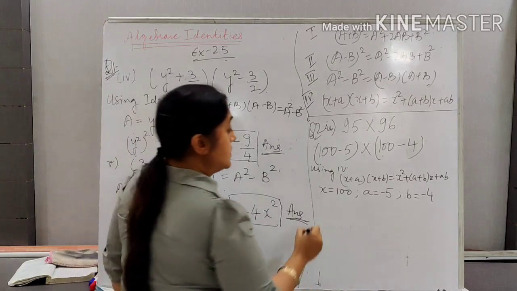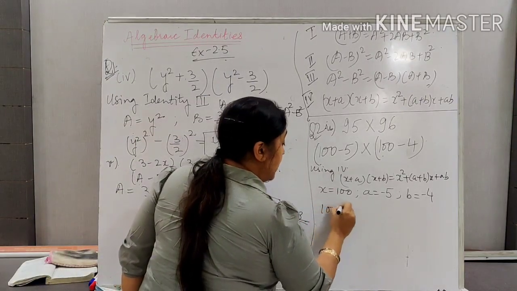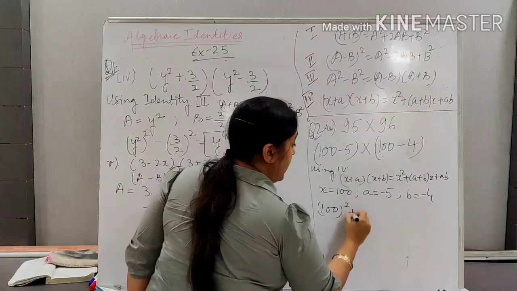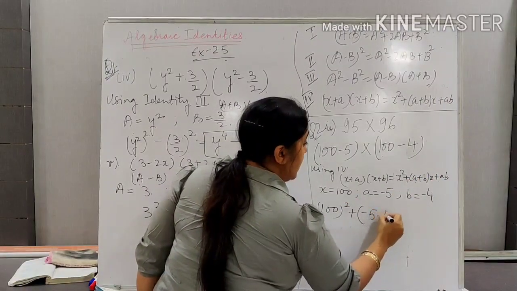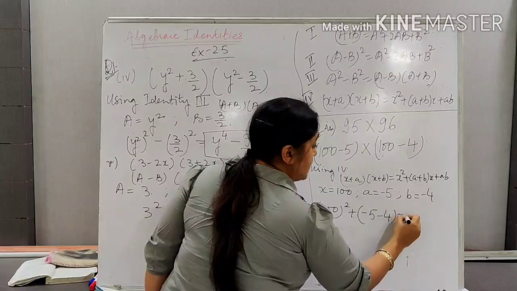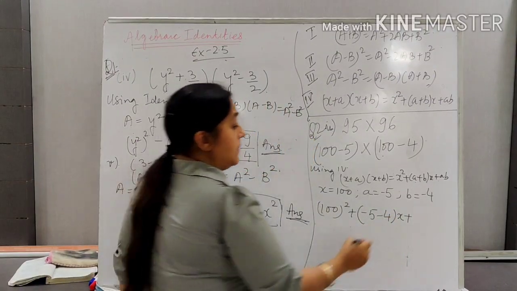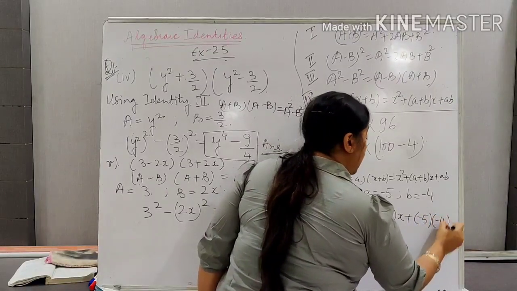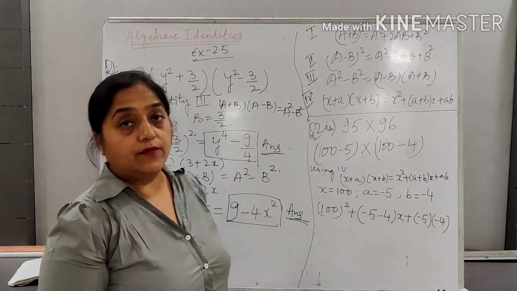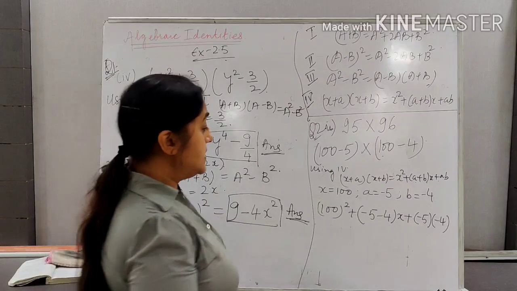So what will we use? X square, which means 100 square, plus a plus b into x, so it is minus 5 minus 4 into x, plus ab. Don't forget to carry the negative signs along.